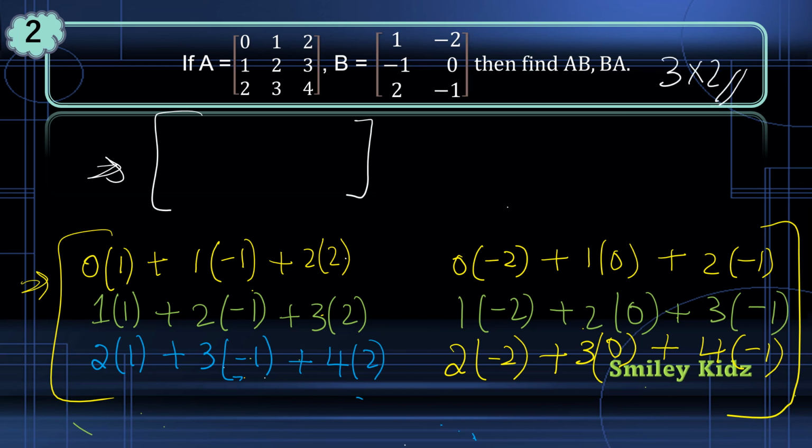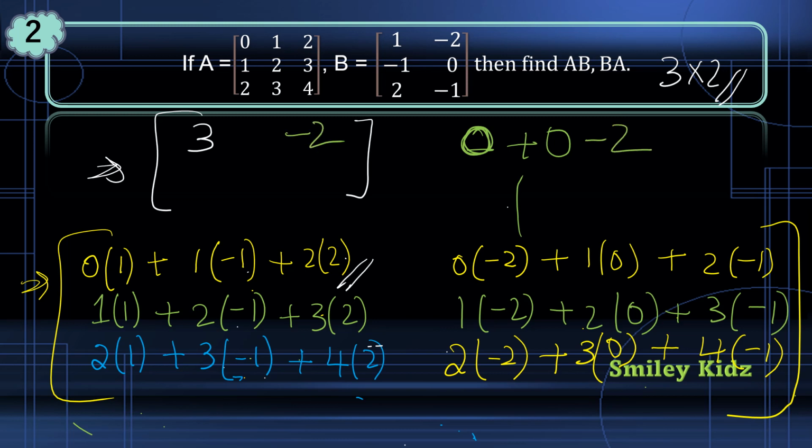So here we are going to have 0 minus 1 plus 4, that will be 3. So our first element is 3. Then secondly, this is 0 plus 0 minus 2, which is minus 2.